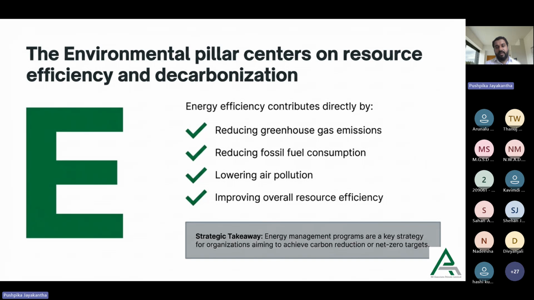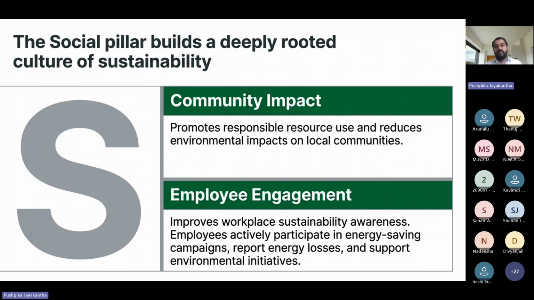Energy efficiency contributes to this by reducing greenhouse gas emissions, reducing fossil fuel consumption, lowering air pollution, and improving overall resource efficiency. Because energy consumption is one of the largest contributors to industrial carbon dioxide emissions, energy management programs are often a key strategy for organizations aiming to achieve carbon reduction or net zero targets.